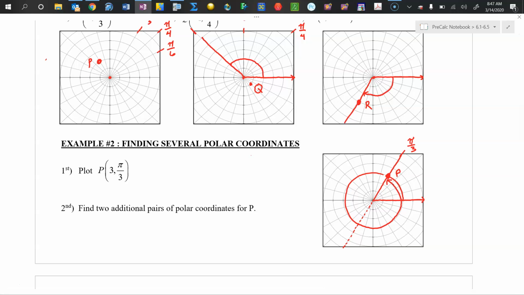As long as the angles that we specify are coterminal with pi over 3, then we can use a directed distance of +3. If they're 180 degrees opposite or pi radians opposite the directed angle of pi over 3, we would have to use a negative directed distance.